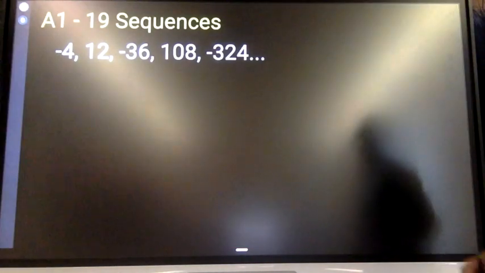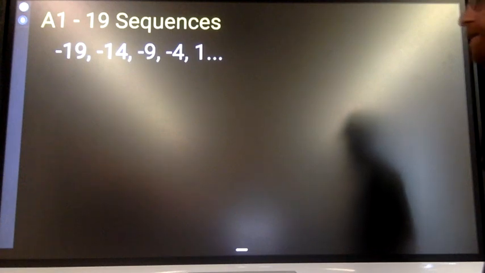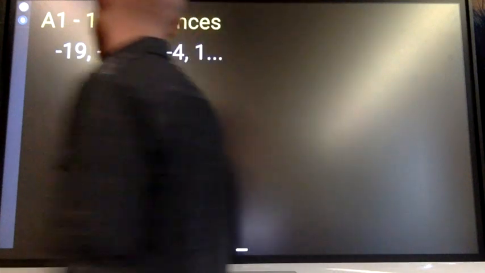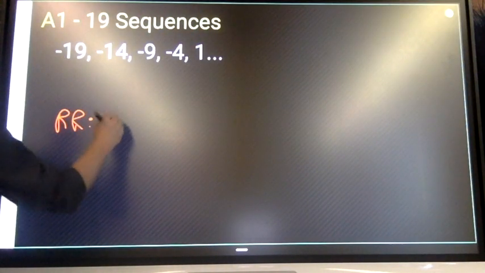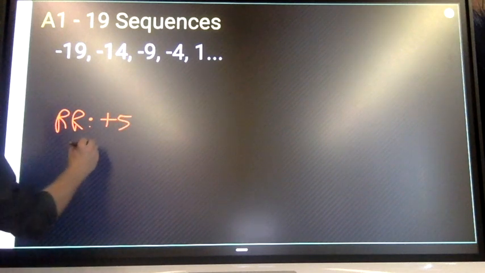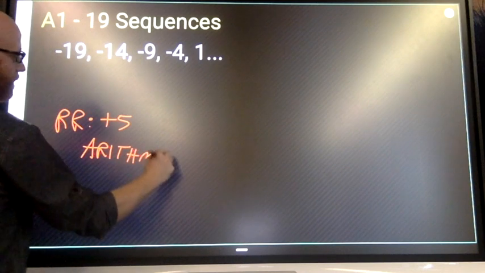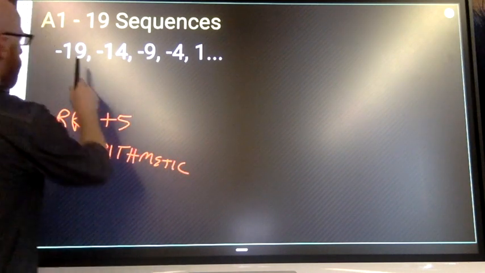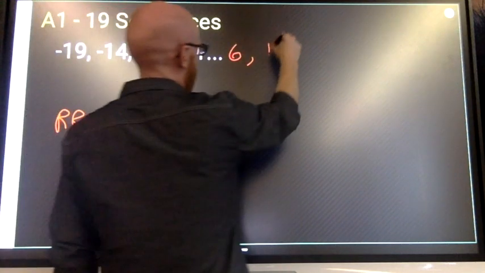Next one. Hit pause, try this. Recursive rule, +5, type, arithmetic. +5, +5, +5, +5, next term 6, next term 11.